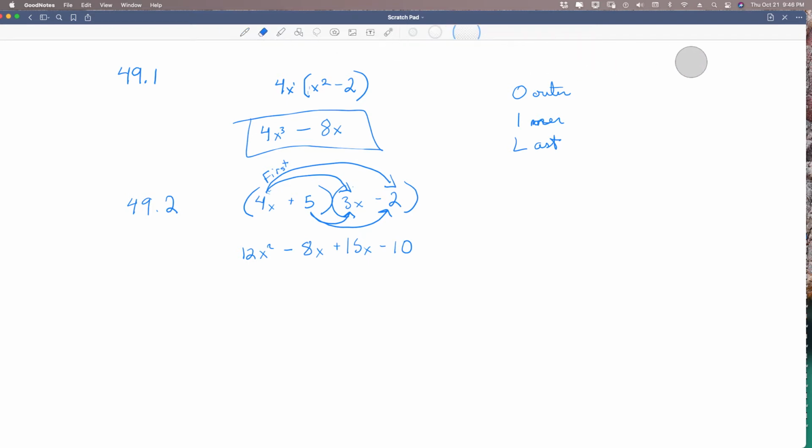Let me write this a little bit neater. My pen is kind of messing up. So the first terms in each pair, that's what we're multiplying. We multiply the first terms in each pair, then we multiply the outer terms of each pair.